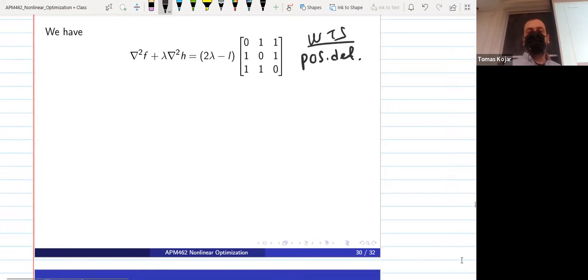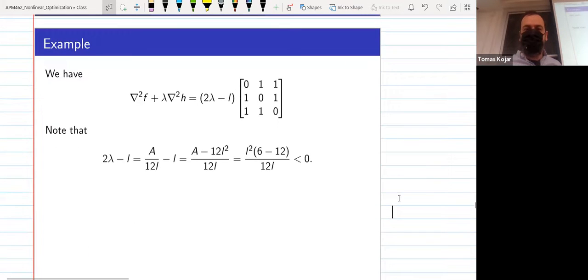Yeah, so leading minors, right? So you have minus 1 and then you will have to compute a 3 by 3 determinant. But let's do it.